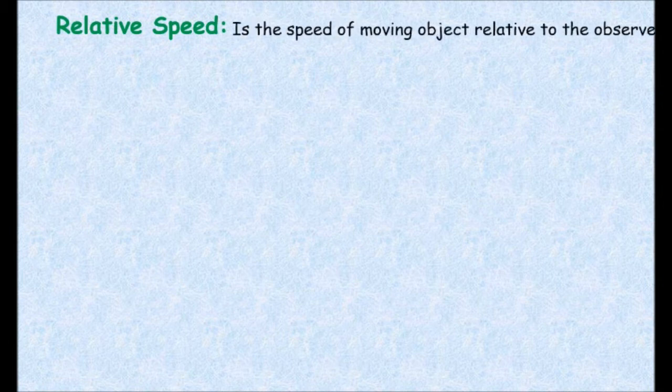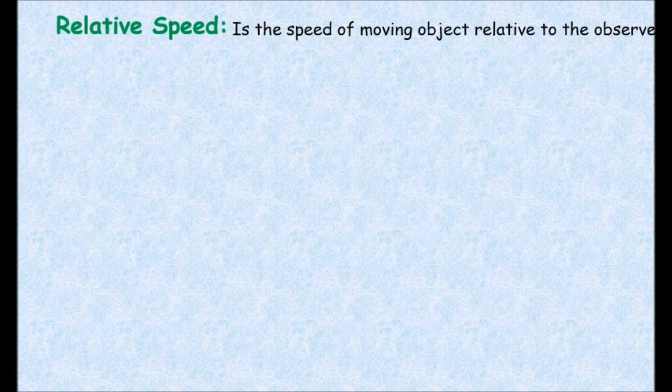And now the last thing related to the speed, which is relative speed. Relative speed is the speed of a moving object relative to an observer. What is meant by this definition of relative speed?